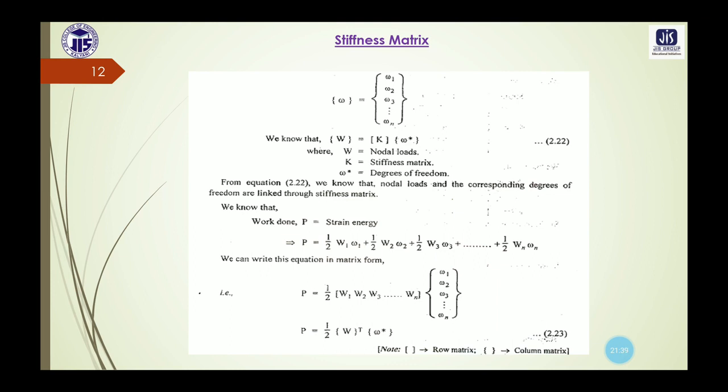So P can be written as half W transpose multiplied by the column matrix of omega. This is our equation number 2.23, the work done.